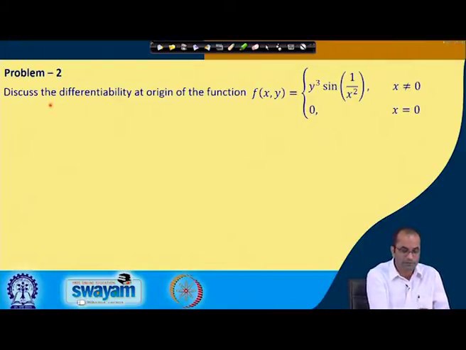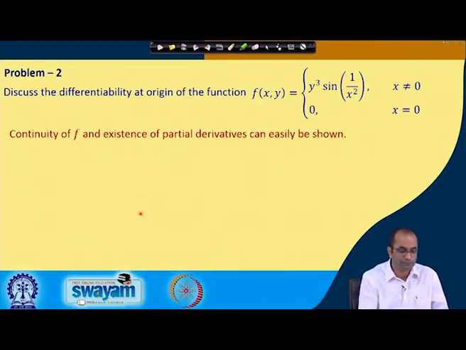The next problem, here we will discuss the differentiability again at the origin of this function: y cubed sine of 1 over y squared when x is not equal to 0, and when x is equal to 0, this is 0. So, we will test the continuity of f and the existence of the partial derivatives, which is easy to see again.